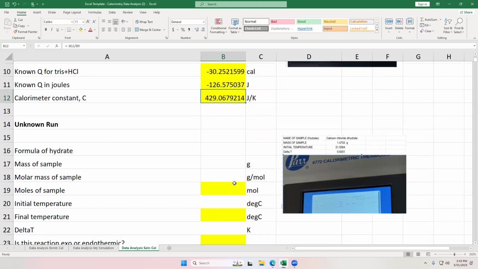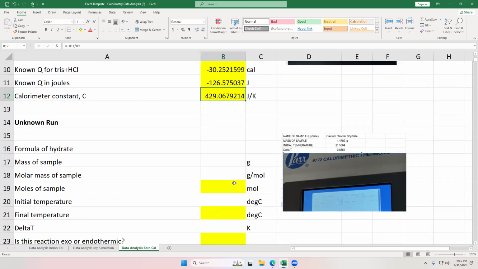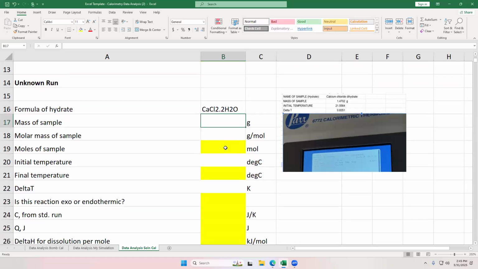All right, so let's do the delta H for the dissolution of their compound. They used calcium chloride dihydrate, so CaCl2·2H2O. The mass of their sample was right here, 1.4702.